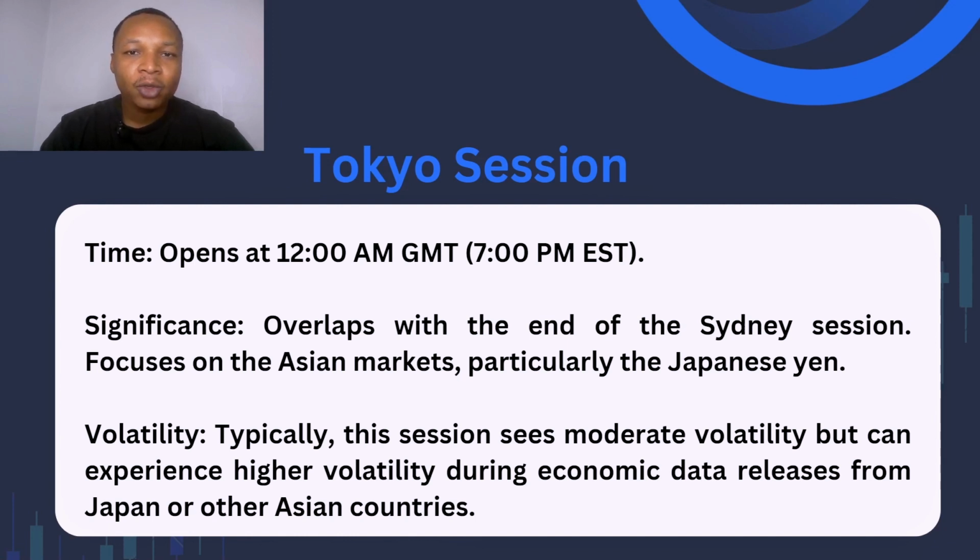So during this session, we tend to see high volatility in Asian related currencies, especially the Japanese yen. And when there is an economic data release, we tend to see higher volatility in the relating currency pair. For instance, when there is a data release in Japan, we tend to see high volatility in Japanese paired currencies like the GBP/JPY, the USD/JPY, and the likes.